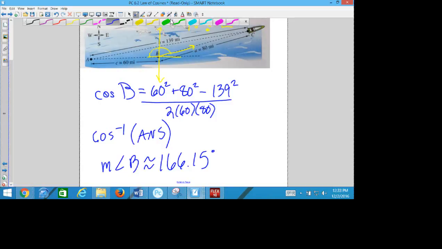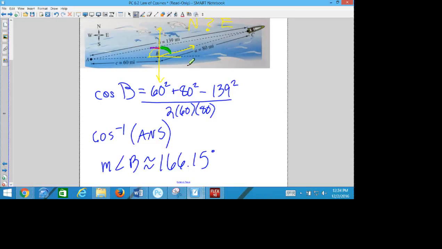Okay, so this is not the answer. We're trying to find this. Oh, wait, so that's in between, so that's our whole angle. Yeah, 166 is the whole angle.